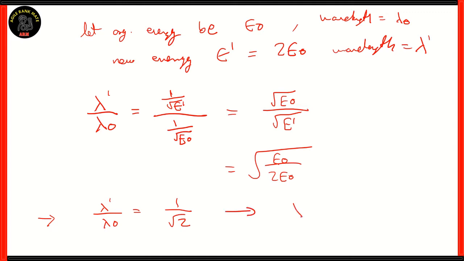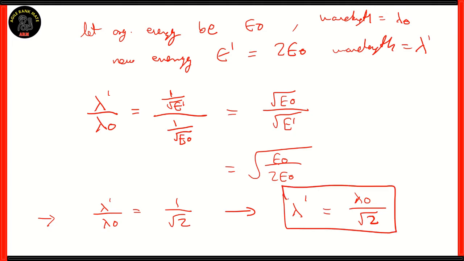So therefore, the value of lambda when energy is doubled is lambda naught over root 2. So lambda dash equals lambda naught over root 2. This is the correct relation of the de Broglie wavelength when the energy is doubled.